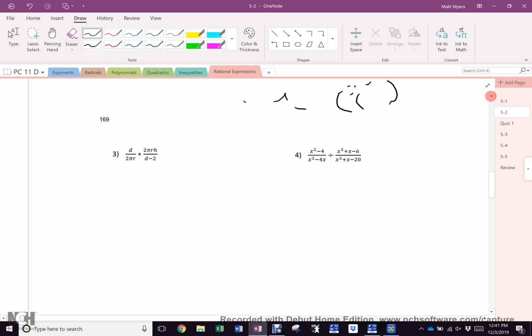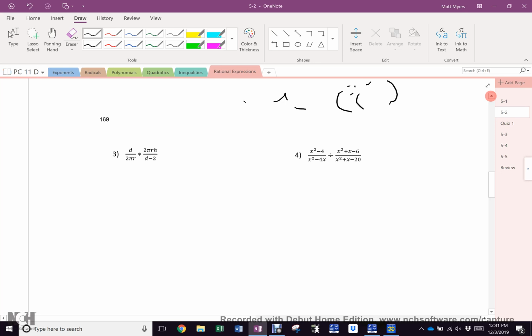No, but then you can cancel pi on the top and cancel pi on the bottom. Okay, I hear what you're saying, but why add this extra layer? Why not just cancel it right now? That's what I'm trying to say. Well said. You guys borrow problems from the future, right? What Jacob is saying is he now wants to factor out pi r from here and be left with 2h. It's still 2 pi r h, right?